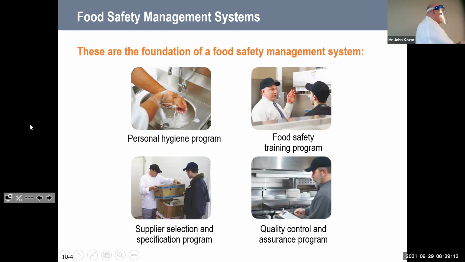Supplier selection and specification program. So we're going to make sure that we use approved reputable suppliers. We're going to specify exactly what we want to get from them. A quality control and assurance program. So make sure that we're checking the quality all the way through the flow of food, not just when it's going out to the guest.